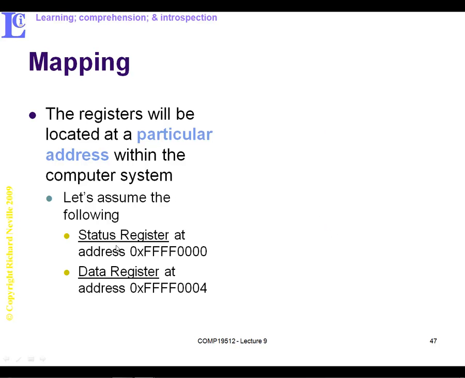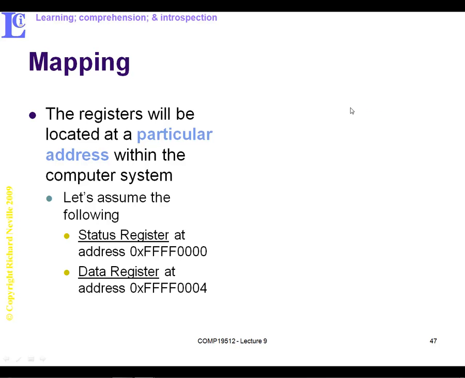Well, let's just assume that the status register is placed at memory address hex FFFF0000, and the data register is placed right next to it, at address FFFF0004. If we place this in the memory map, it is a linear sequence of addresses, probably starting at 0 and going in this case to all F's.